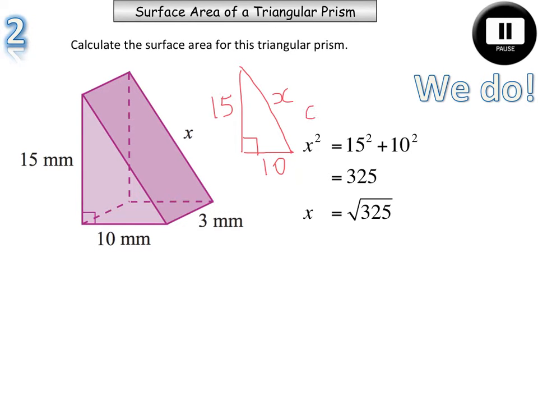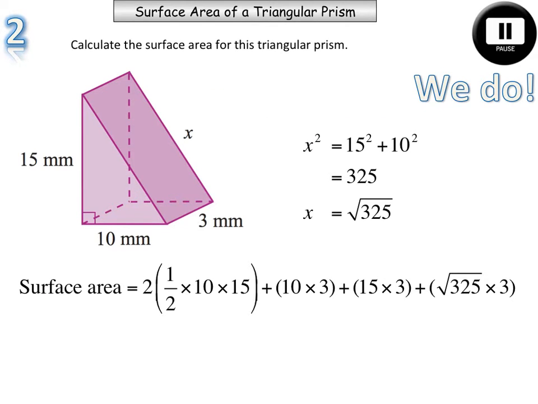And we know through Pythagoras' theorem that the hypotenuse squared is equal to the sum of the other squares. So 15 squared plus 10 squared is 325, and you could on your calculator find out what the square root of 325 is, but I've left it like that. That's exact form. I don't need to round off just yet, so I'm going to leave it like that.